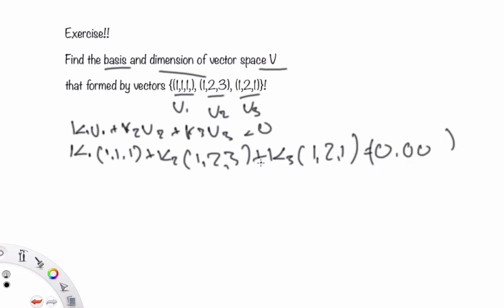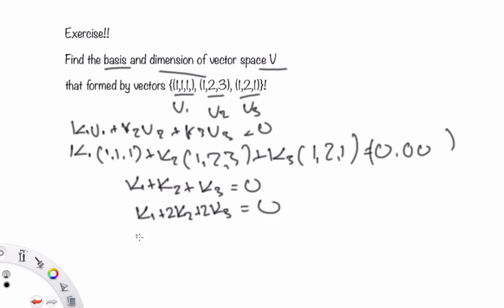Okay, that's one. And then the next, we separate it by each component following the scalar numbers. So it will be k1 plus k2 plus k3 equals 0, k1 plus 2k2 plus 2k3 equals 0, and k1 plus 3k2 plus k3 equals 0.